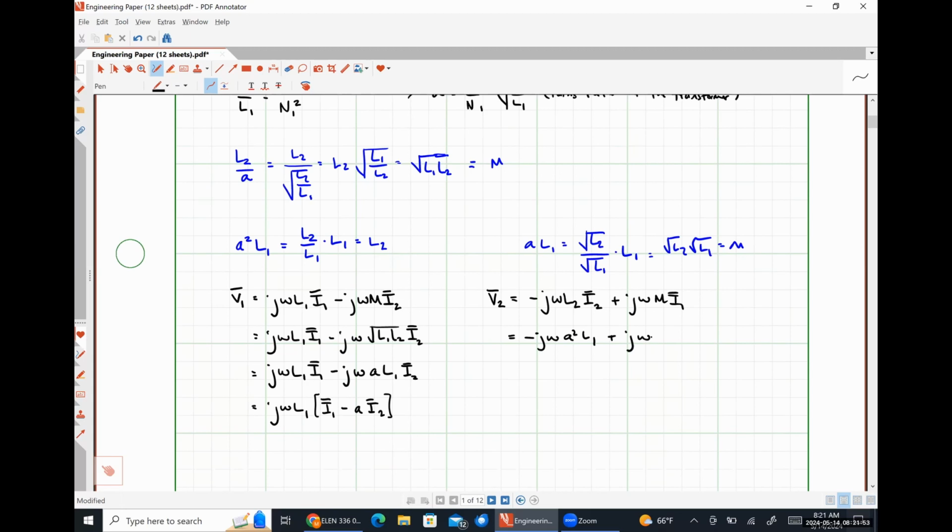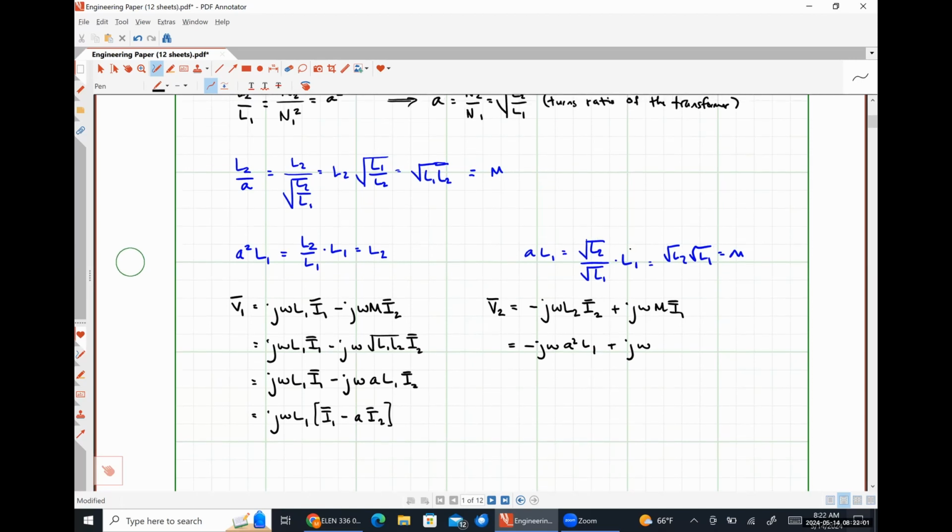And we're going to do the exact same thing we did a moment ago. So M is the same as square root of L1 times L2, which we also learned is the same thing as A times L1. So let's just go ahead and jump straight to A times L1. And we have an I1 here. Okay.